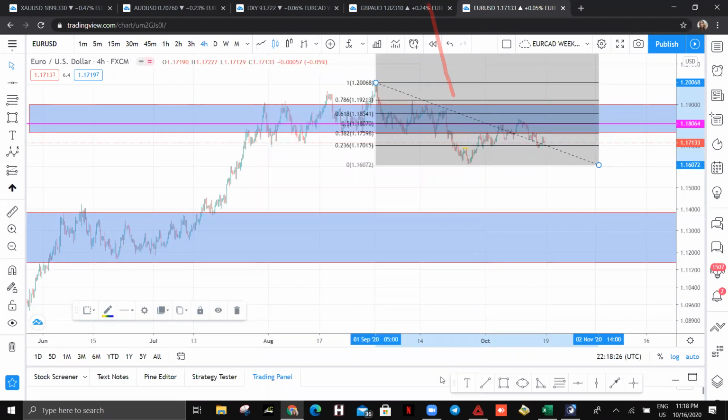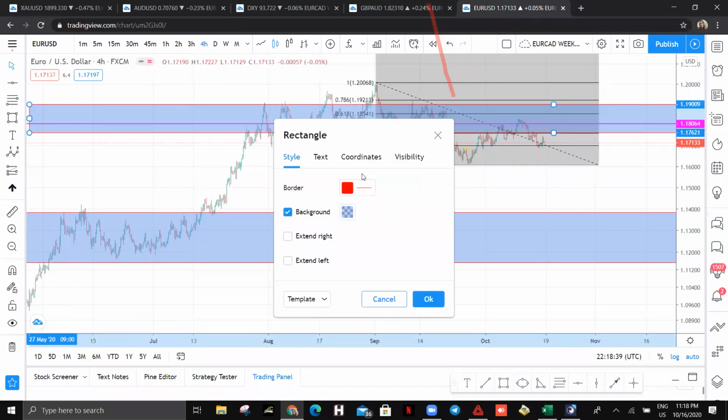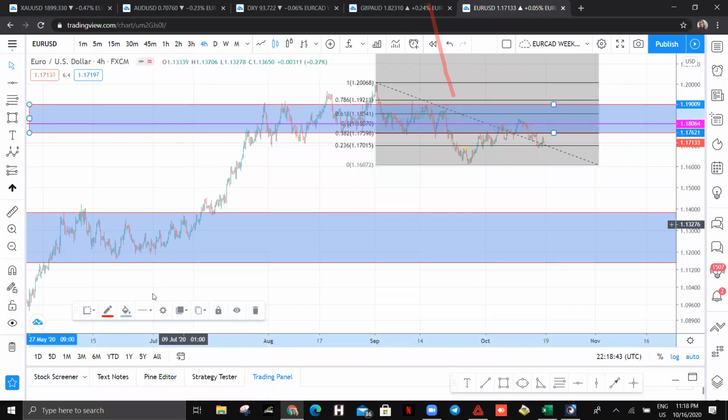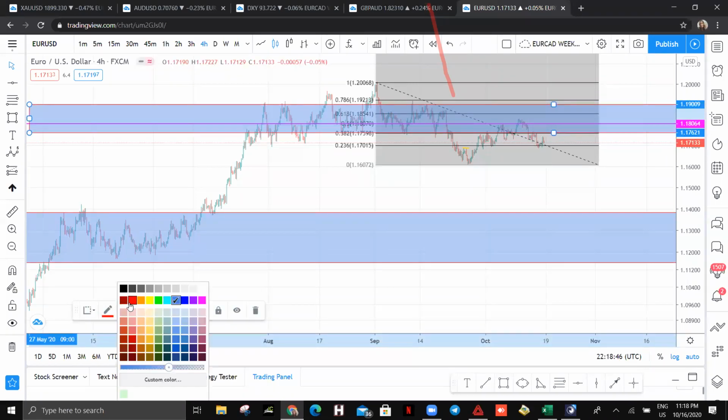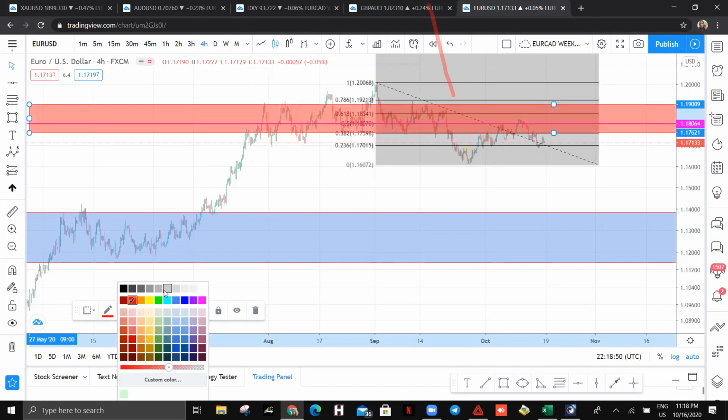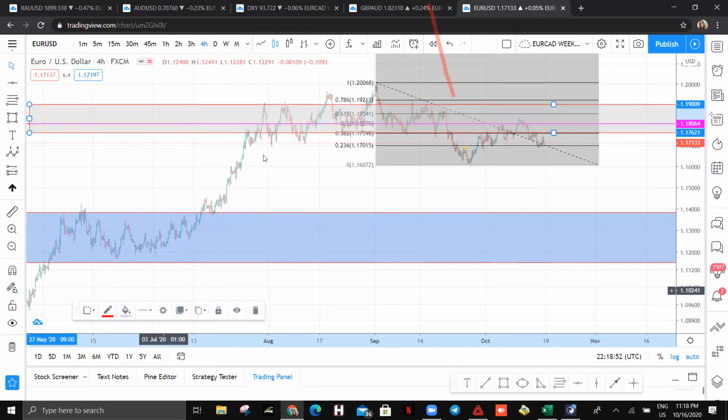Okay, good. Now you can see, if you want to send a sell limit on this trade, let me change the color of my zone to red. Better.